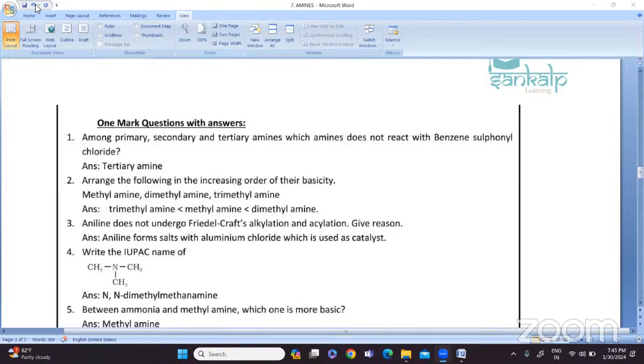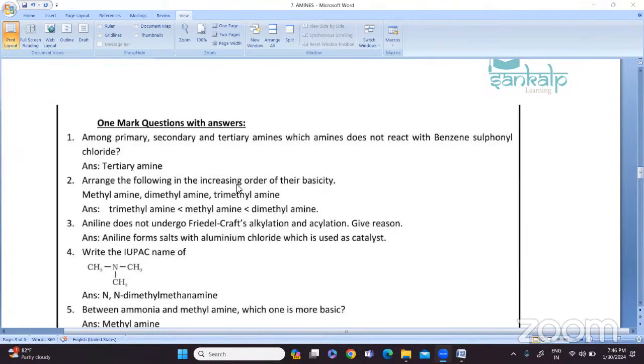Now, the second question is when you are arranging the basicity in increasing order of methylamine, dimethylamine, and trimethylamine. How will you arrange the order?